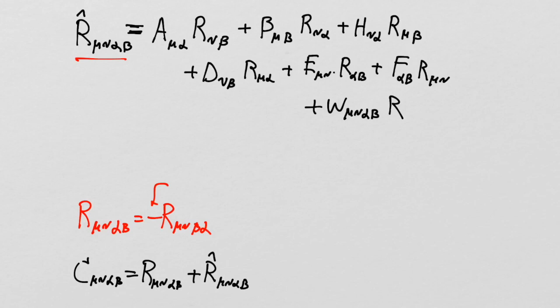Well, let's see. If we swapped beta and alpha here, beta with alpha, alpha with beta, what would end up happening? Well, this Ricci tensor term and this Ricci tensor term, which was normally different from this one, right? This was mu beta and mu alpha. Now it switches position. This is nu beta, and this becomes nu alpha.